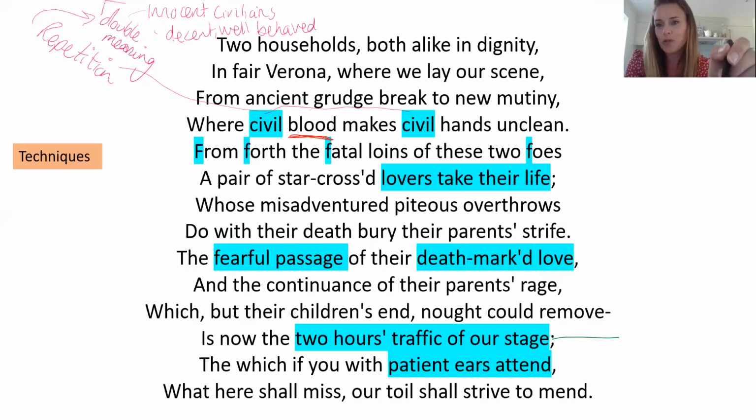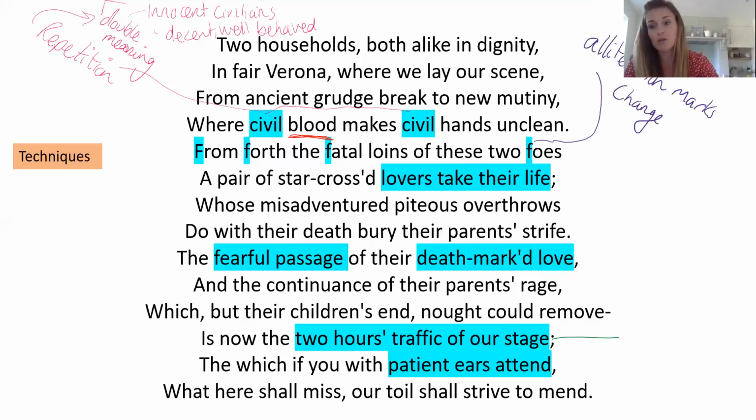Now that's quite important, because you could make the argument that because everybody's getting involved, of every status, from every walk of life, we've got people who were once decent, well behaved, respectable people suddenly taking part, spilling blood, killing people. They're now unclean. So the grudge is so huge now that these decent people are killing innocent civilians. And that's where you hit those marks for talking about the repetition. Not just saying that repetition is there, but really extending how you talk about it.